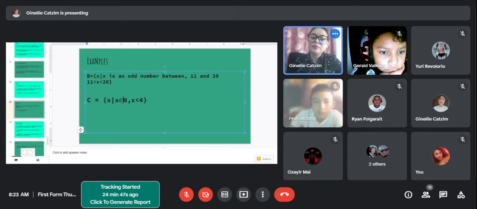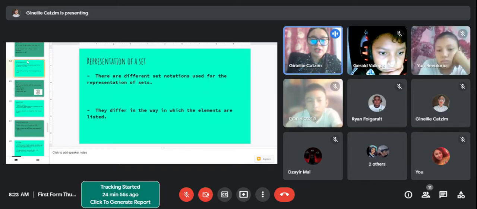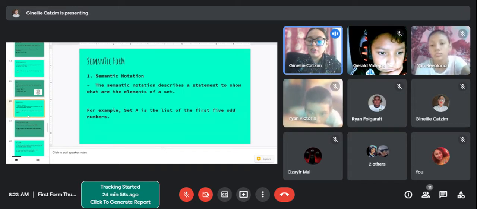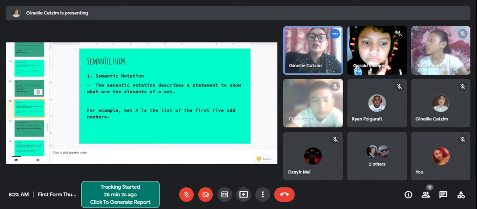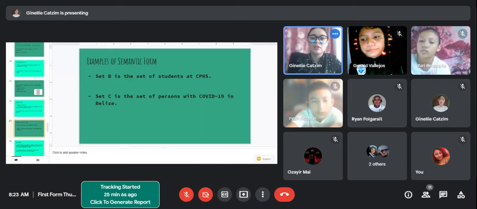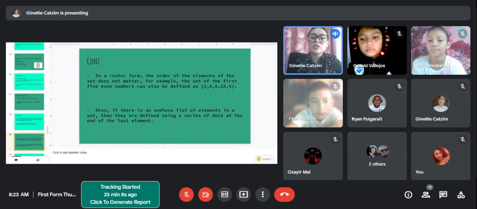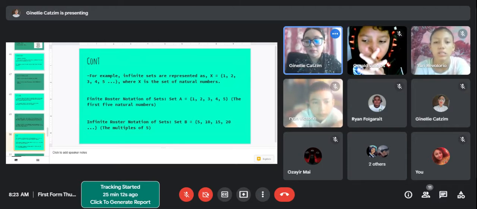So, the first notation that we covered was the semantic notation, where it was just a description of the set. Now, the roster notation was the one enclosed in curly brackets and separated by commas.